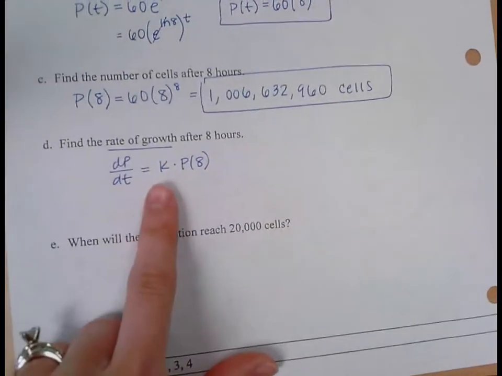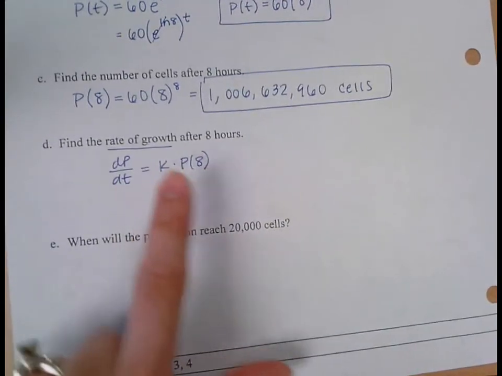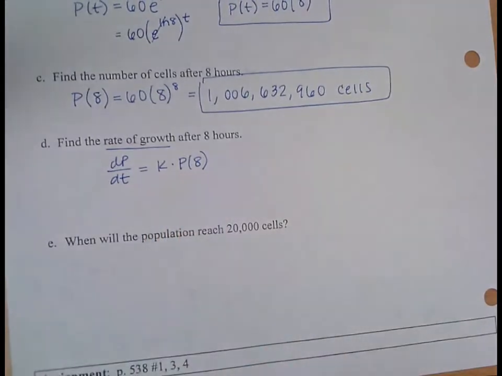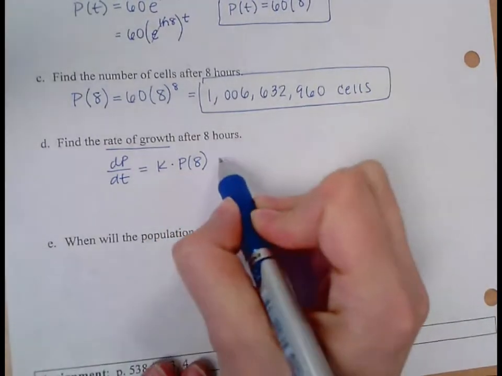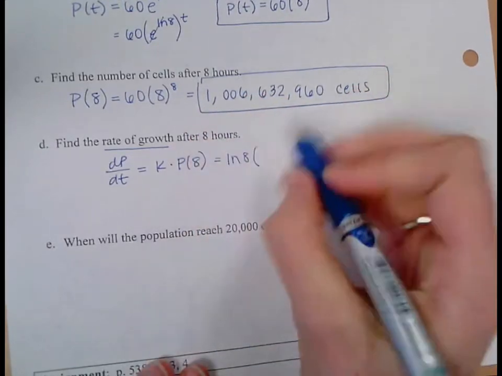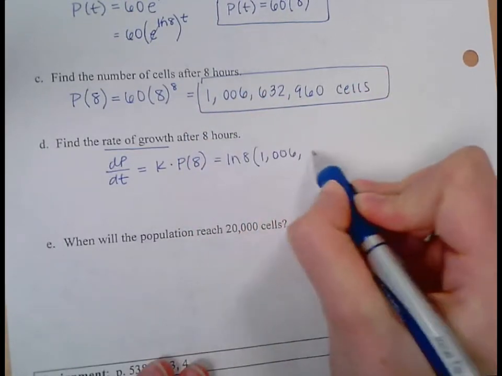And you actually already found k in part A. You just found P of 8 in part C. So you're multiplying those two values together. So it's really the natural log of 8 multiplied by this 1,006,000,000.